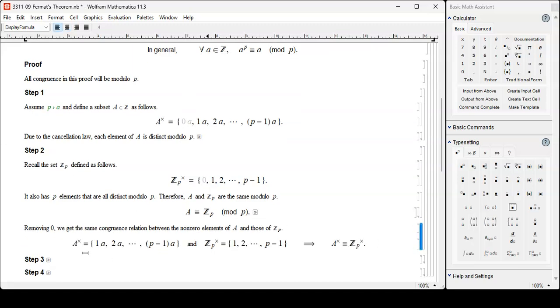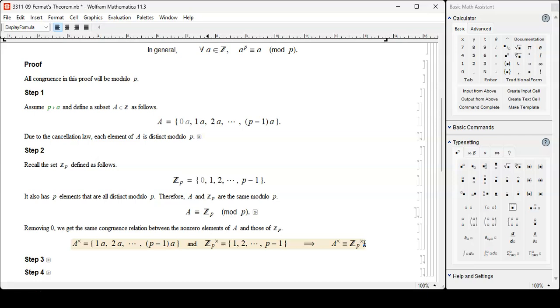So take non-zero elements, remove all those zeros. Then compare A× and Zp×.